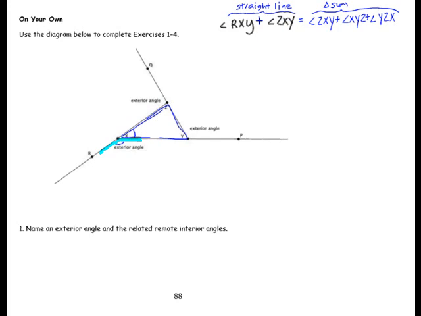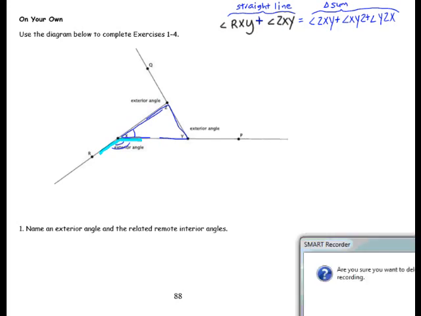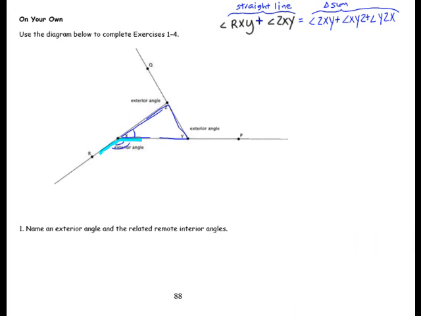Now let's take a look specifically at angle RXY, the exterior angle. What I want you to notice is the common angle that is in both sides of the equation. We have angle ZXY and angle ZXY. So this interior angle is on both parts of the equation. Well, if we subtract that angle from both sides of the equation, this is what we are left with.